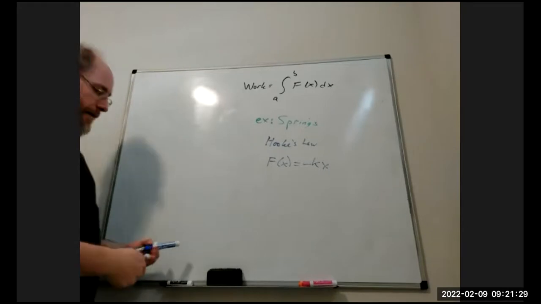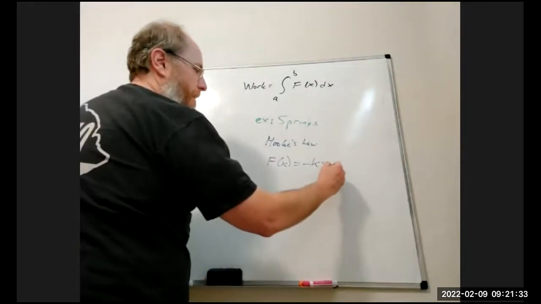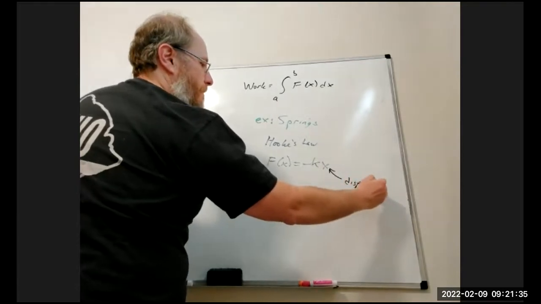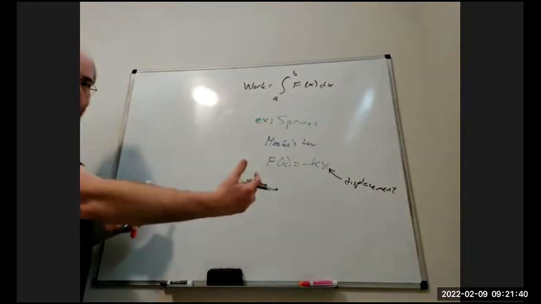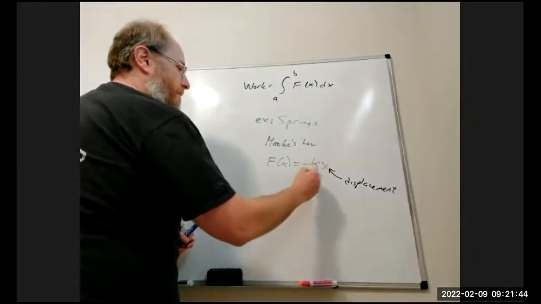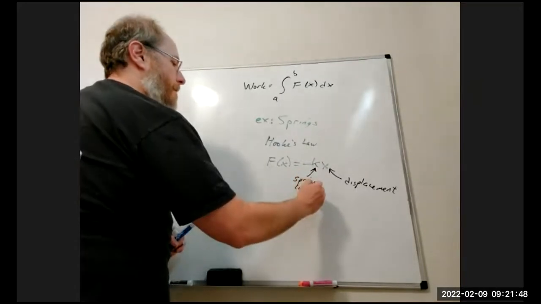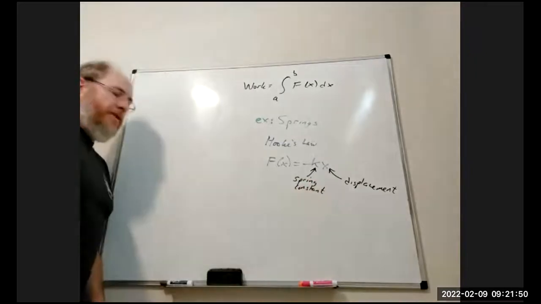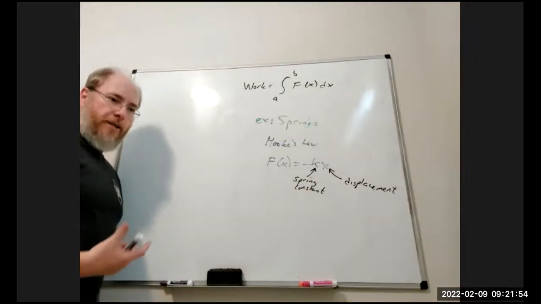The x is the displacement of the spring, so how much you've stretched it or how much you compressed it. And this k is called the spring constant. It's just a measure of the spring itself, like how hard it is to stretch it.